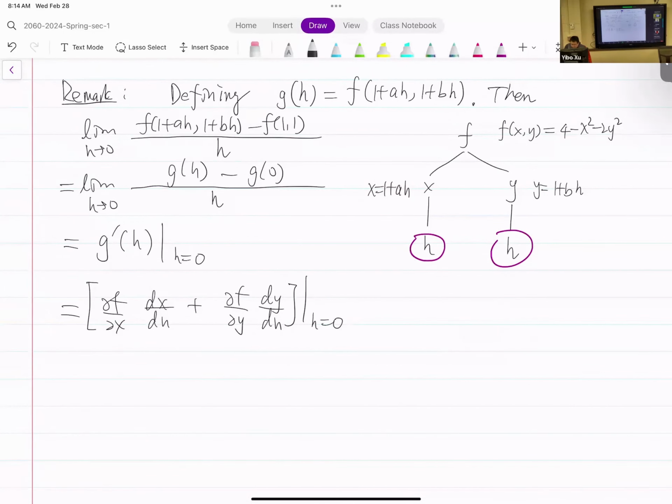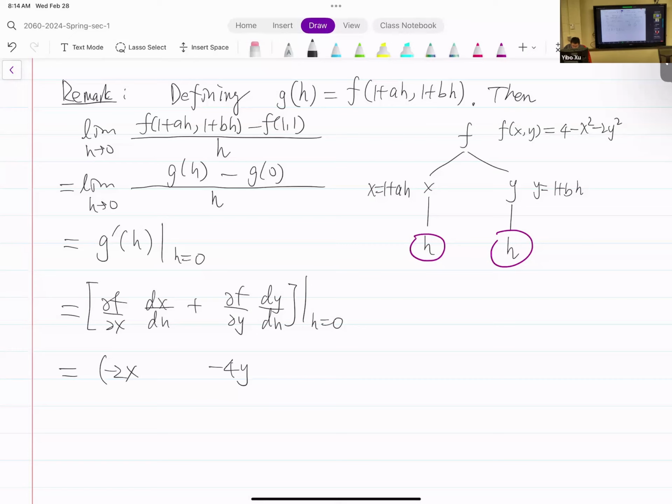And then, well, everything is just going to be standard. Okay? So we write down the partial derivatives. We have on the upper right corner the function definition, 4 minus x squared minus 2y squared. If you do the partial derivative with respect to x, it will give you negative 2x. If you do the partial derivative with respect to y, it will give you negative 4y.